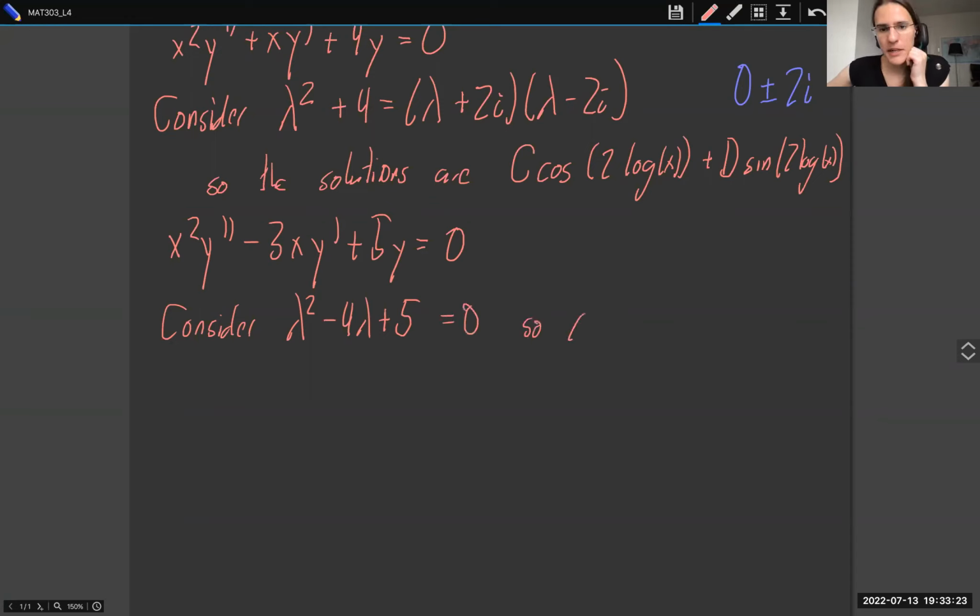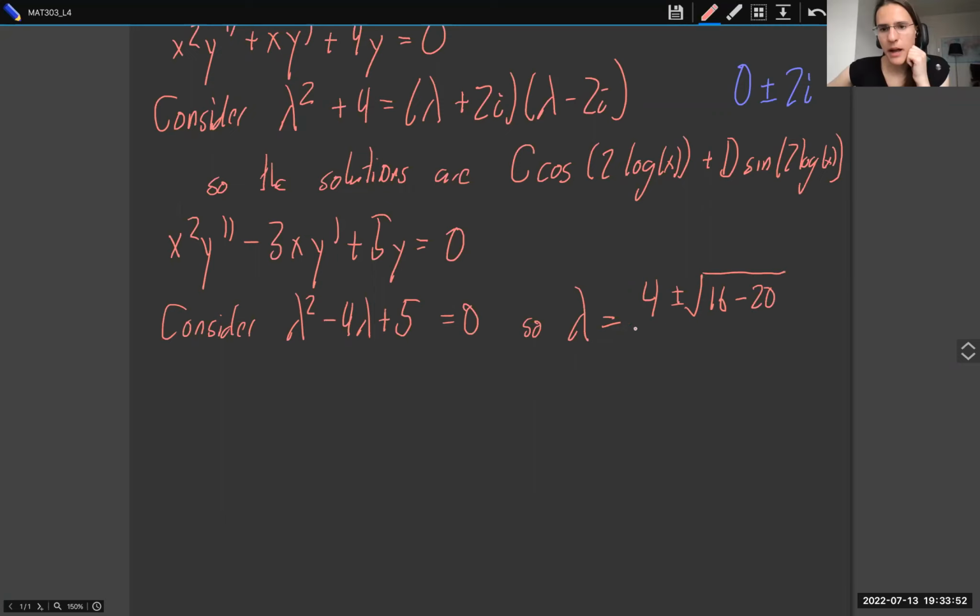So lambda is equal to, if we use the quadratic equation, then what do we get? Say what the form would be if I just substitute the numbers inside of it without reducing. So 4 plus or minus square root of 16 minus 20. Good.